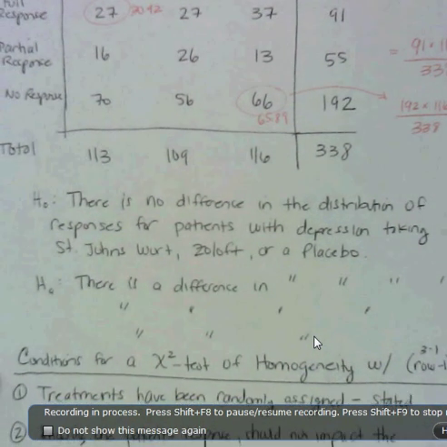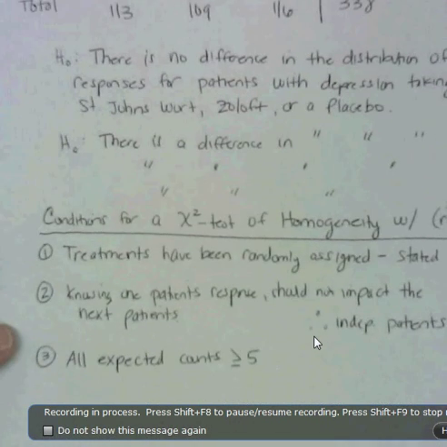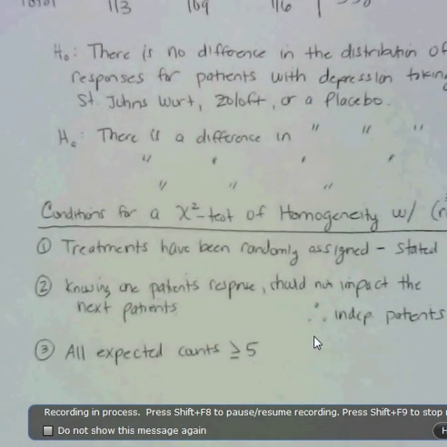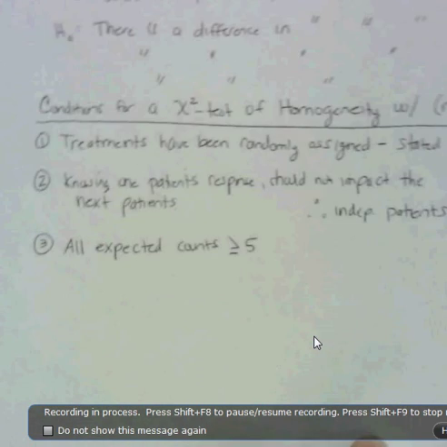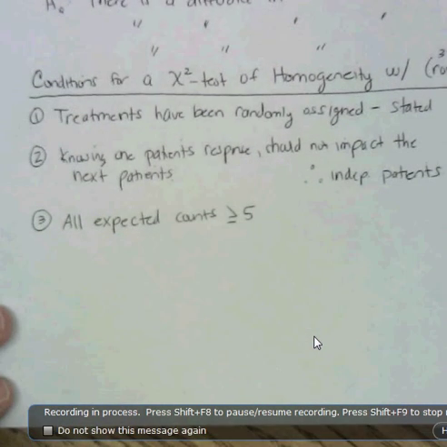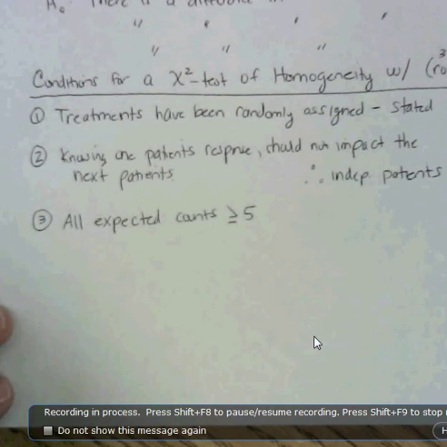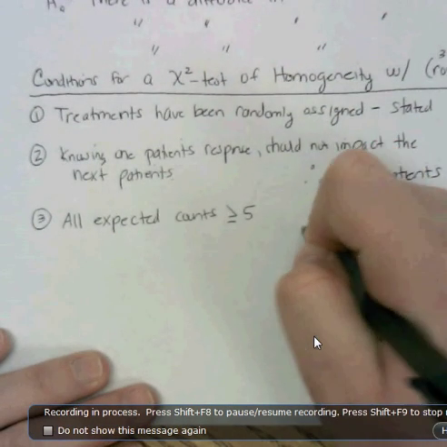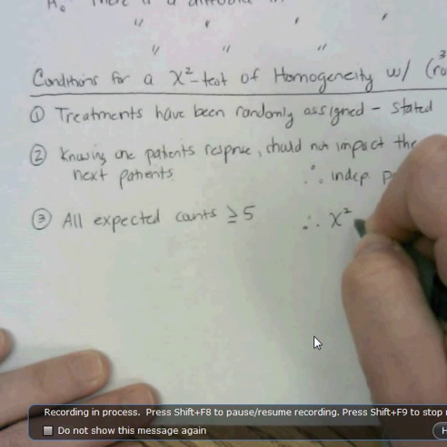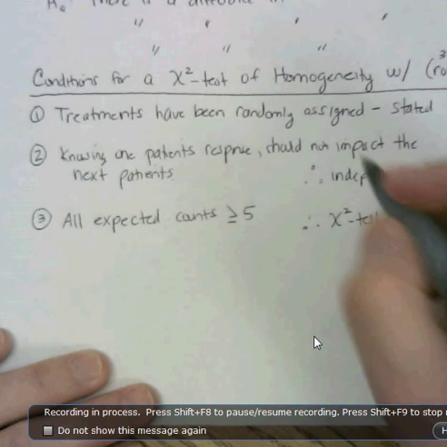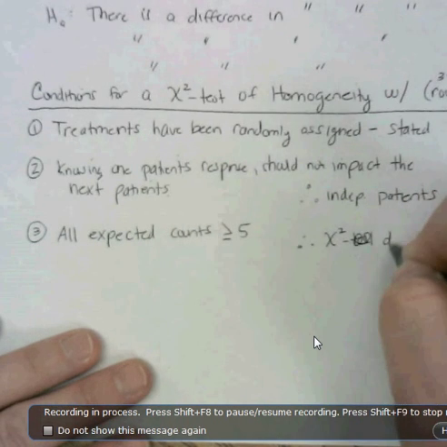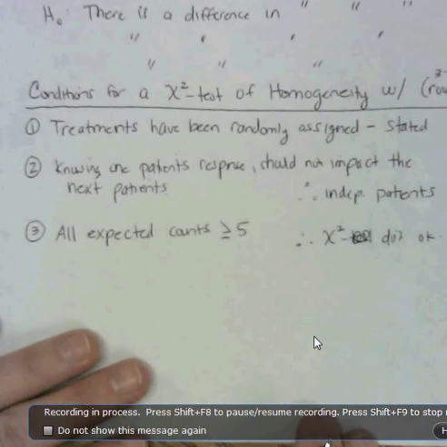So trust me for number 3 that we're good, all expected counts will be greater than or equal to 5, and I'll show you where to make sure for that on the calculator. So just like the test for homogeneity, let's go down here. So therefore, the chi-square distribution is okay to proceed with.